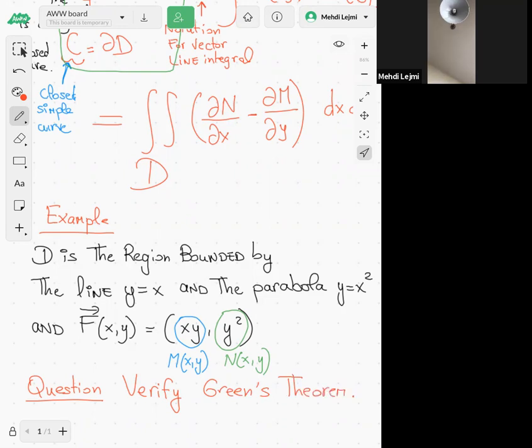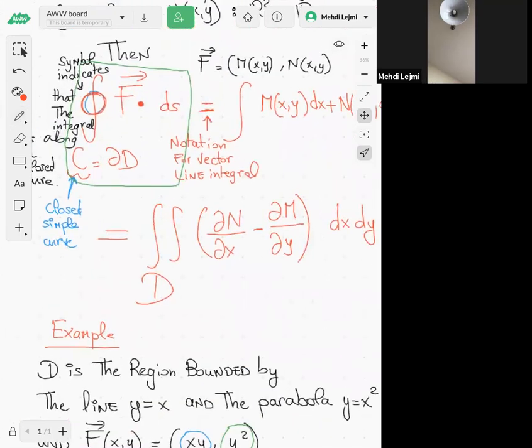Of course, it's true, but we're going to check. In Green's theorem there are two sides of the equation. We have this vector line integral, and then we compare it to this double integral over D.